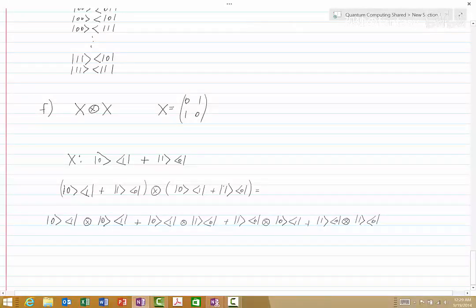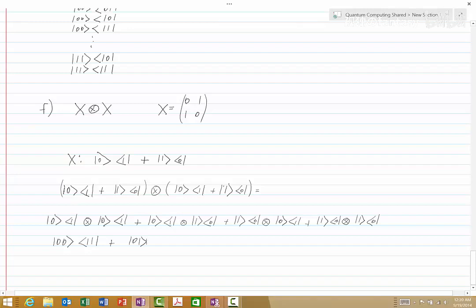Now the way that we evaluate each of these tensor products is the following. For this first tensor product, we get |00><11|. For the next one, we will get |01><10|. This is the first bit, the 0 and 1, the first bit of each operator expression.